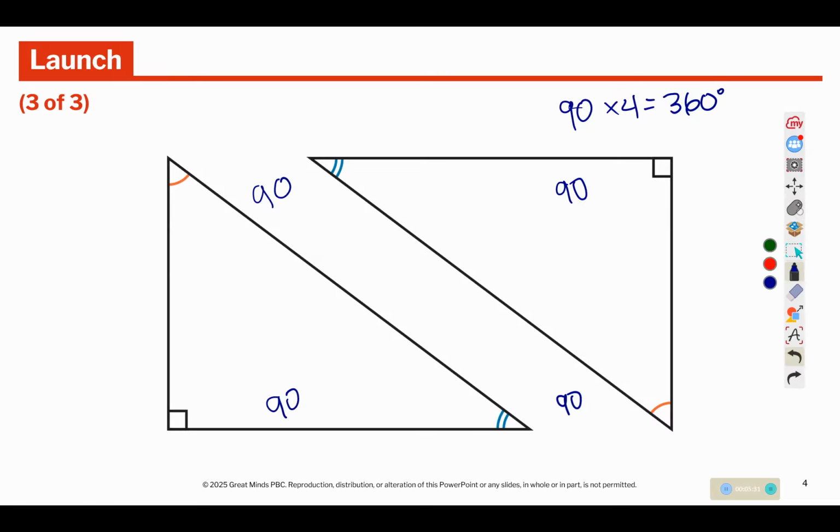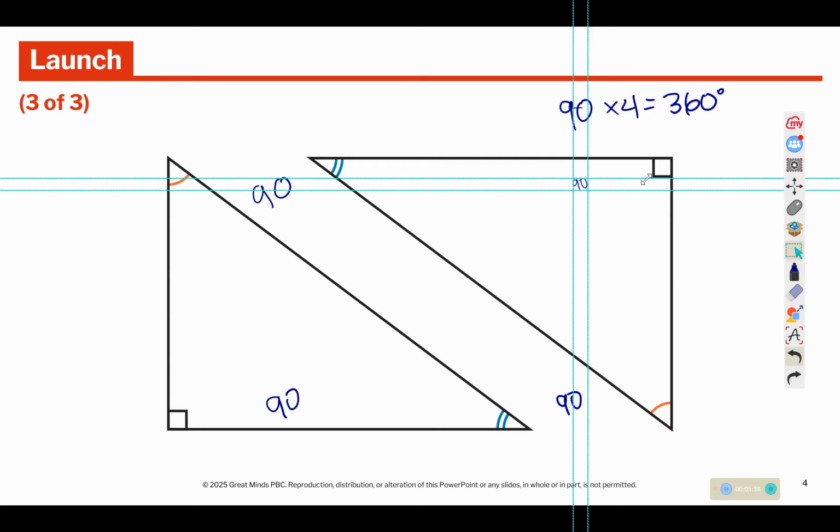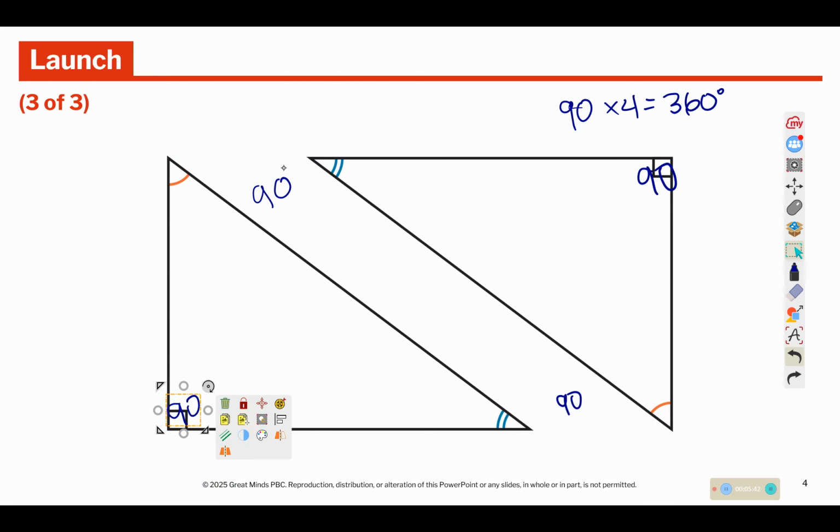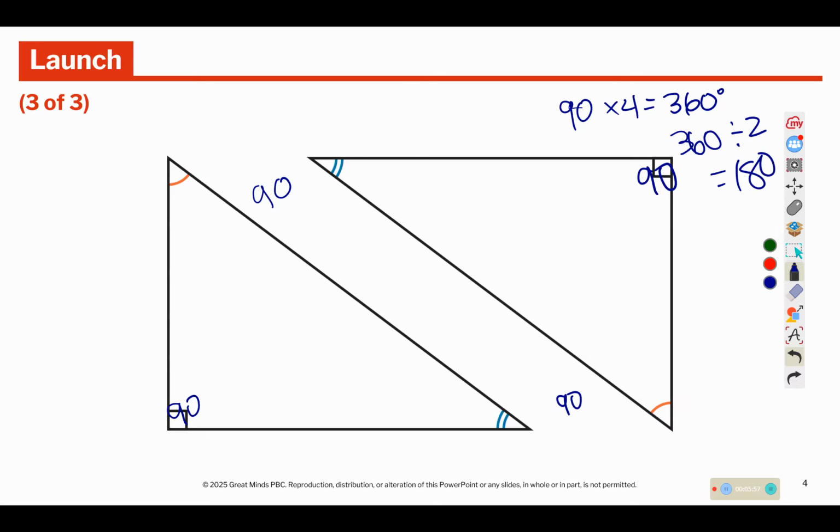If we cut those in pieces, here we have a 90 and a 90, but this 90 is split apart and this 90 is split apart. So 360 split into 2 different chunks, or 2 different shapes, is 180 degrees for a triangle.